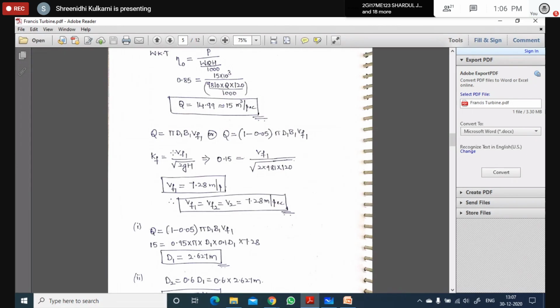In the data the flow velocity is given, so by using this we can easily calculate what is vf1, the flow velocity at inlet. So using this, calculate vf1.